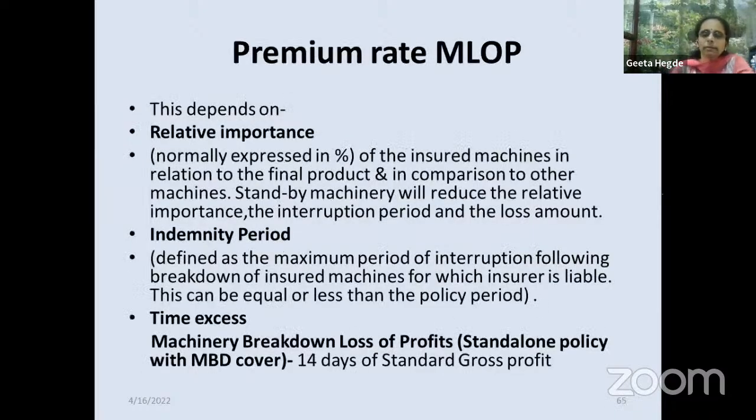MLOP premium rate will not be simply the machine rate like in fire. It's of relative importance and will have to be seen. Some machines will be more important, some may be standby machines. So what is the relative importance of the machine?